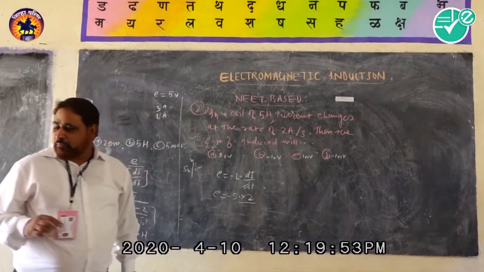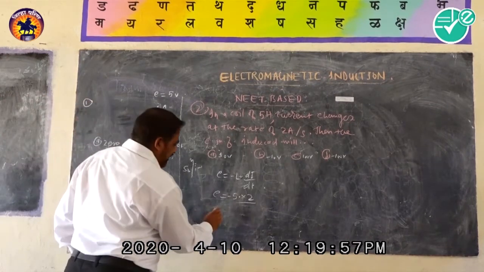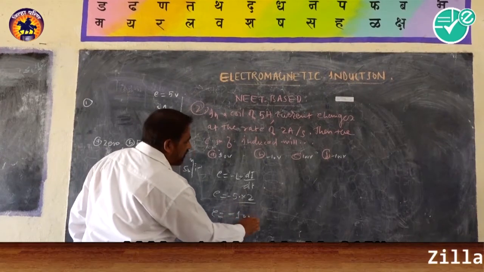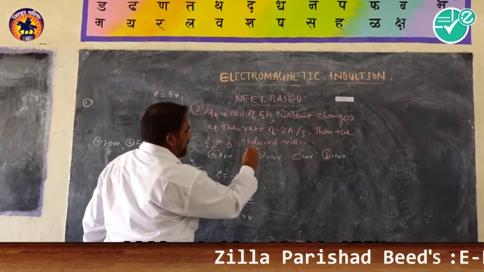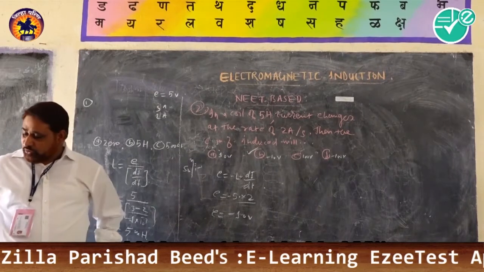So E is equal to minus 10 volt. In this way, answer B is correct here.